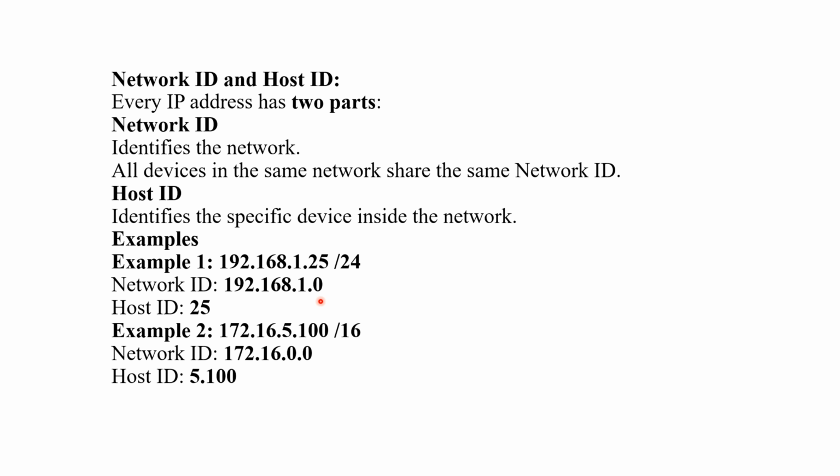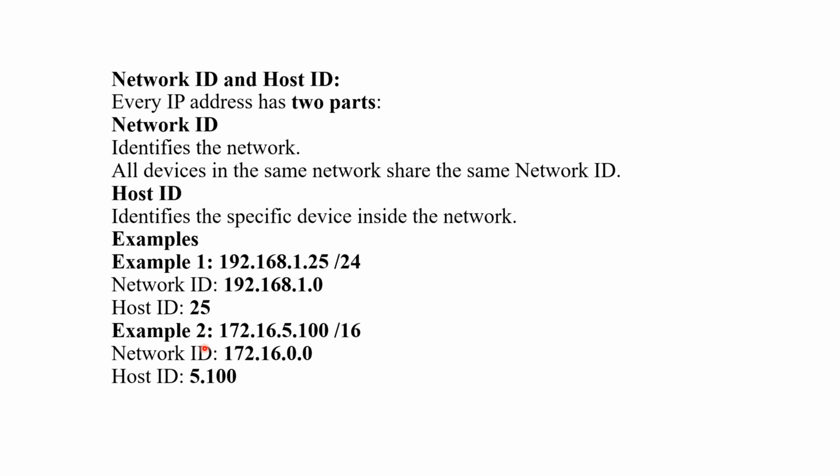This 0 can be 1, 2, 3, 5, 6, up to whatever you want, because you may have 25 devices on your network, or 10 devices. It depends on how many devices your network has, and you can assign according to your devices. And the host ID is 25. This 25 is the host ID, and the rest is the network ID.